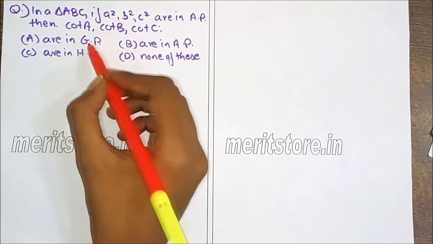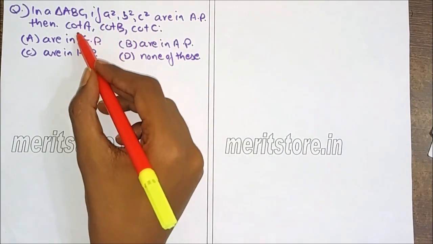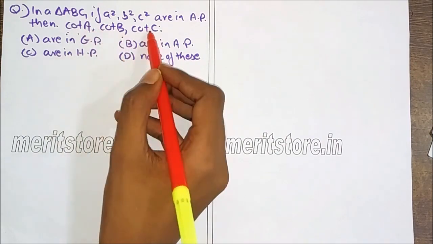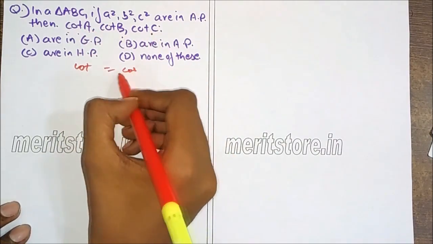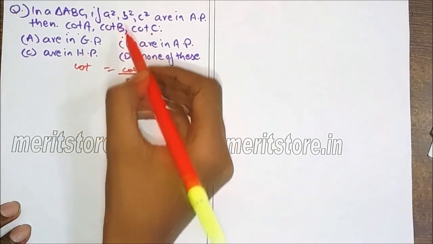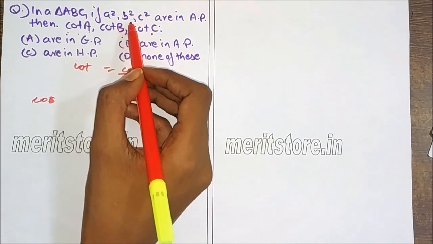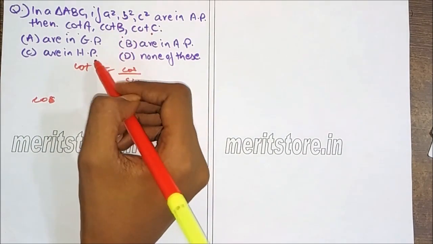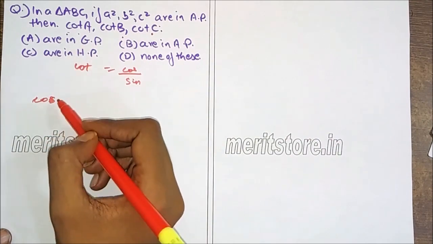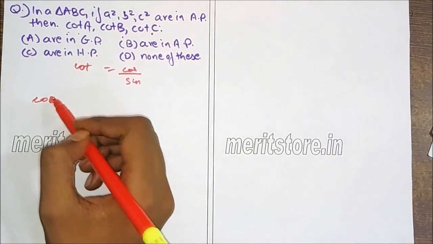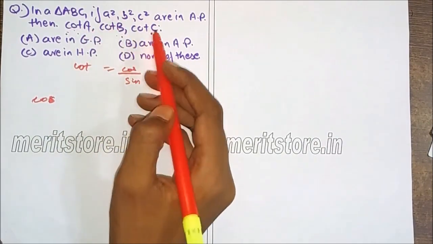We have to find the relation between cot A, cot B and cot C. Now cot is cos upon sine, and we know that the cosine rule makes use of squares of sides. So first we'll try to use the cosine rule and find a relation between the cots of the angles.